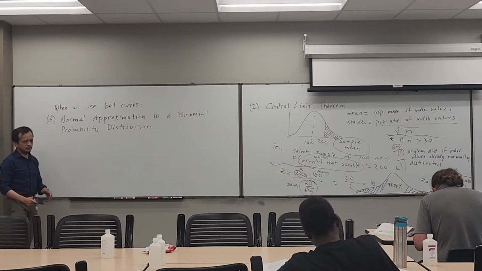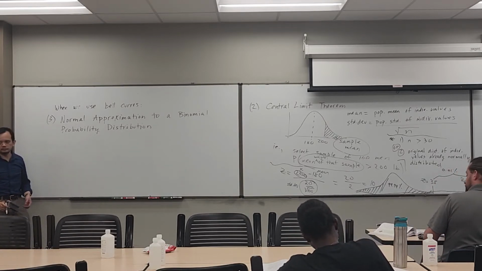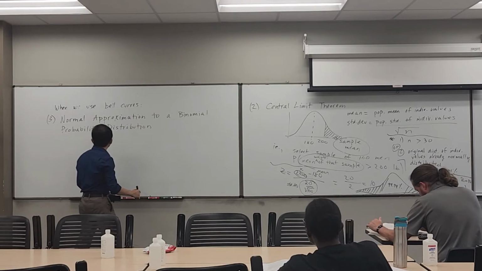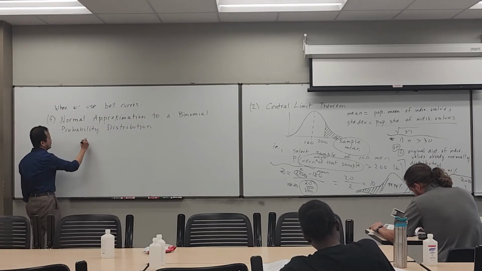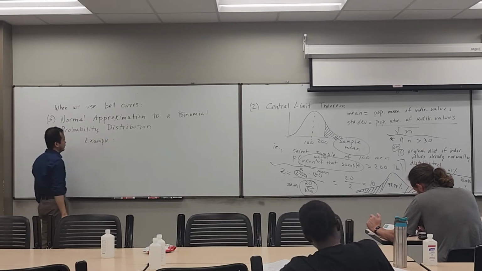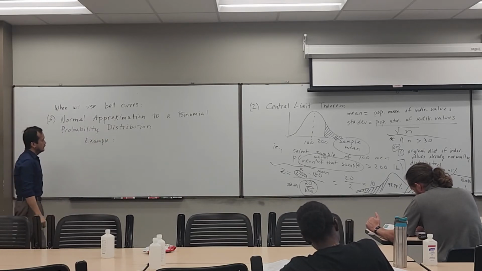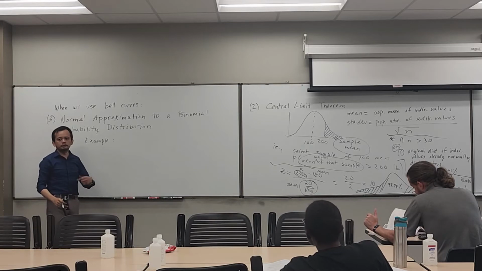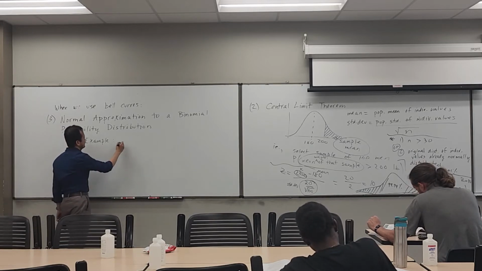Okay, so let me build up to this. Let me put it into context with an example. So let's say the example is, let's say that you flip a fair coin 100 times.